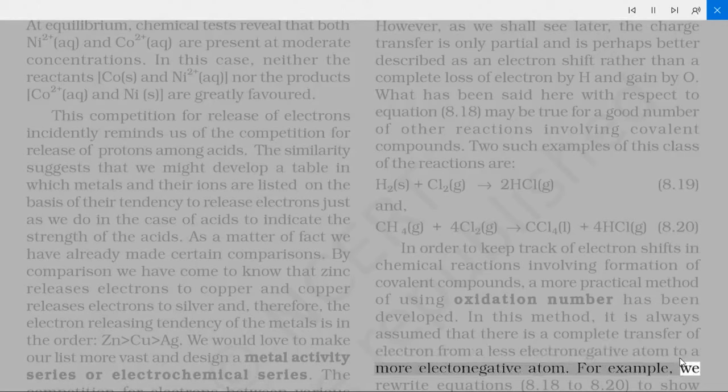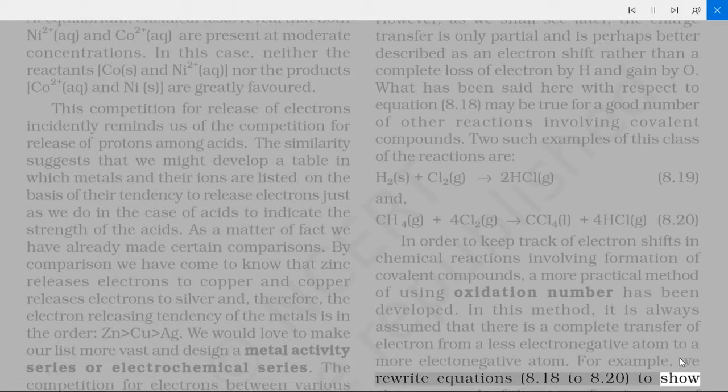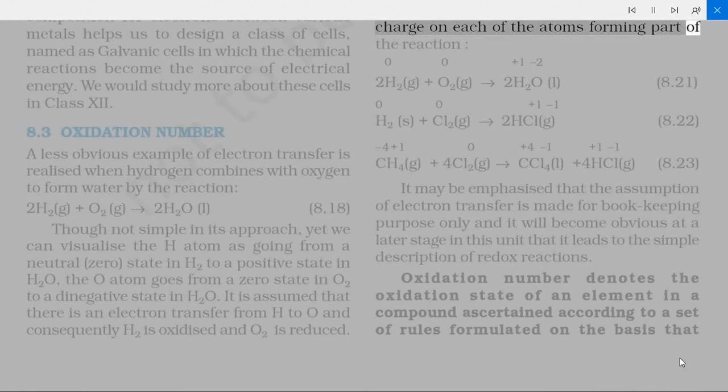For example, we rewrite equations 8.18 to 8.20 to show charge on each of the atoms forming part of the reaction: H2(g) + O2(g) → 2H2O(l) (8.21), H2S(g) + Cl2(g) → 2HCl(g) + S(s) (8.22), and CH4(g) + 4Cl2(g) → CCl4(l) + 4HCl(g) (8.23).